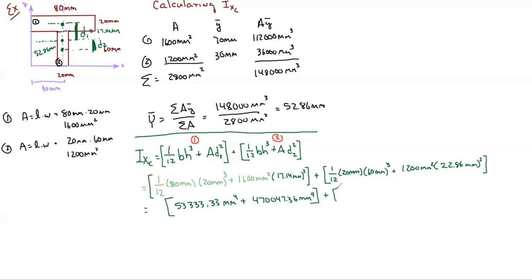Plus over here in piece 2, it's 360 millimeters to the fourth. Let me erase that, I've got a little bit more to go there. And I'll erase the exponent 2 to make it look like a 4. There we go.